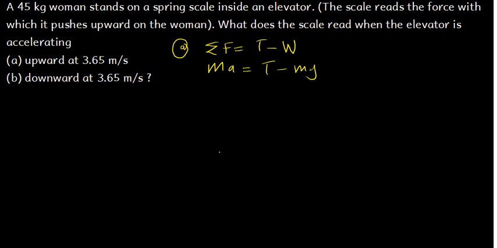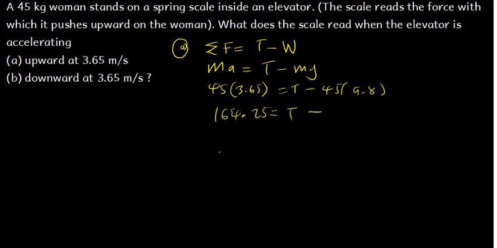So the mass we've been told is 45, and then the acceleration is 3.65, and that will be equal to tension minus the mass, which is still 45, and then g is 9.8. So that will give us, if we multiply 45 by 3.65, we get 164.25, and that will be equal to tension minus 45 multiplied by 9.8.